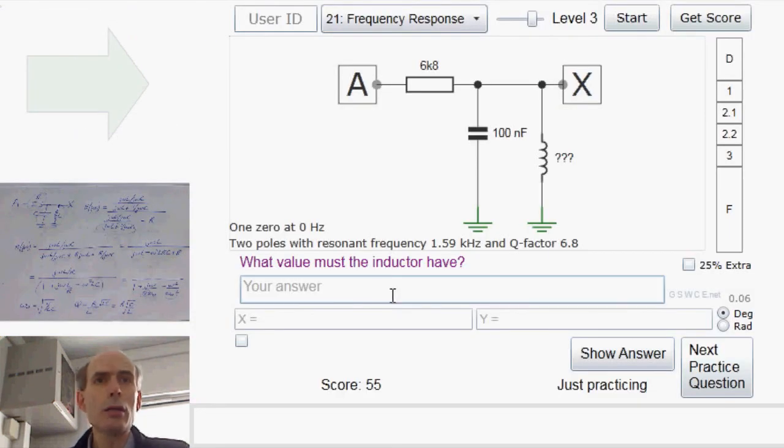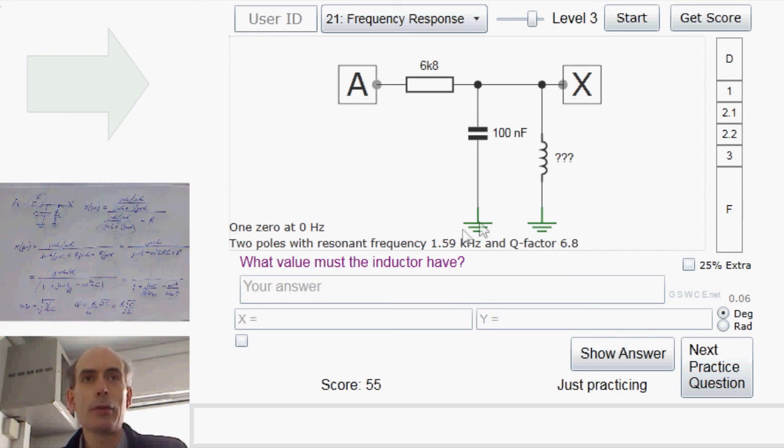Right, here we're just asked what value the inductor must have. And rather than doing all of that stuff, the trick here is to find the fastest way to do it. And the fastest way to do it is to ignore the Q factor value. You don't need to know.